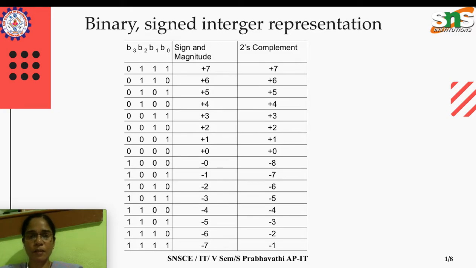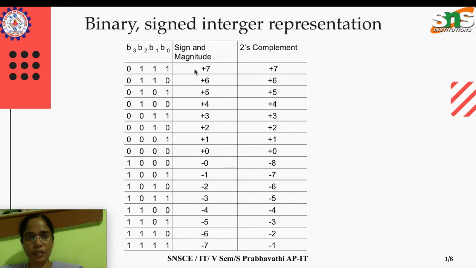In this example I am showing you two ways alone: sign and magnitude representation, and 2's complement. Of course 1's complement is also there, but generally modern computers do addition and subtraction in 2's complement. So today's topic is addition and subtraction of signed numbers.